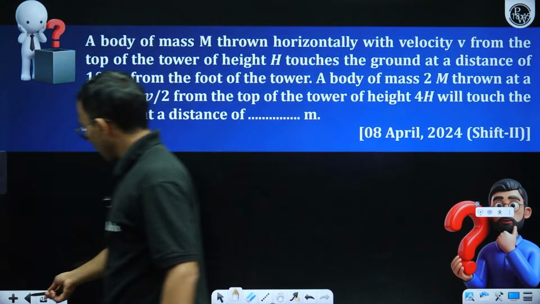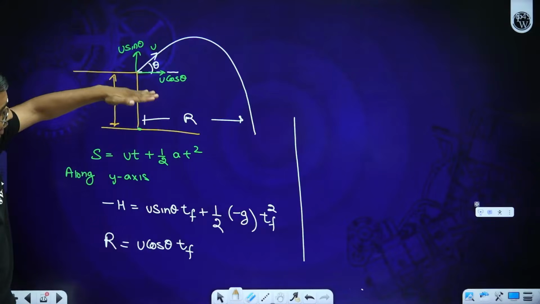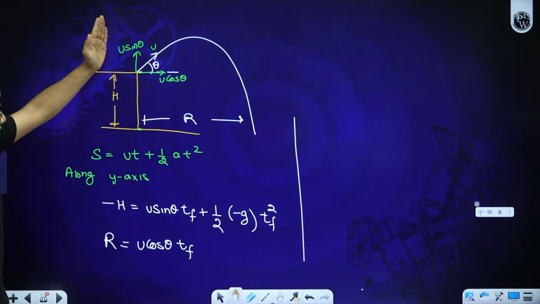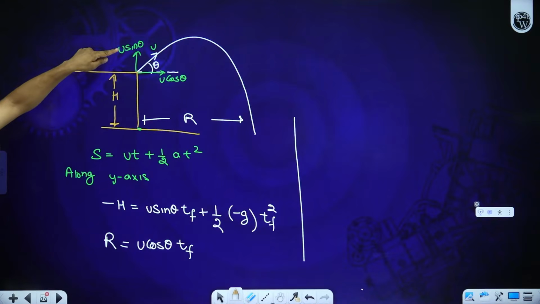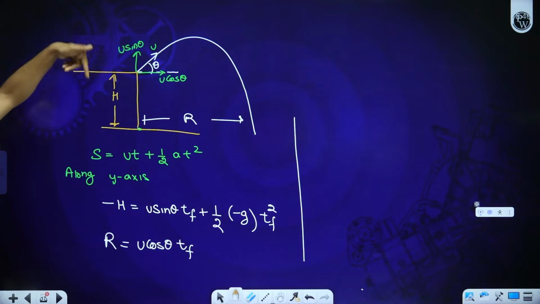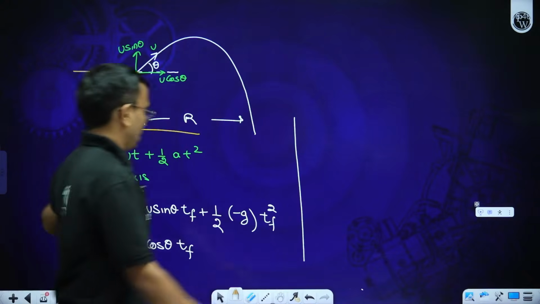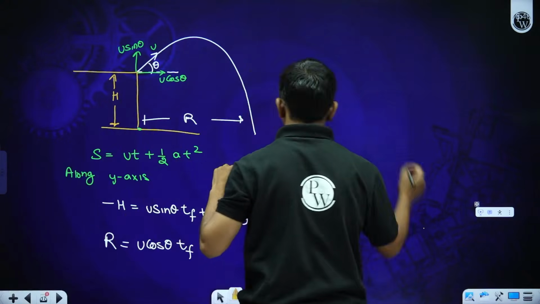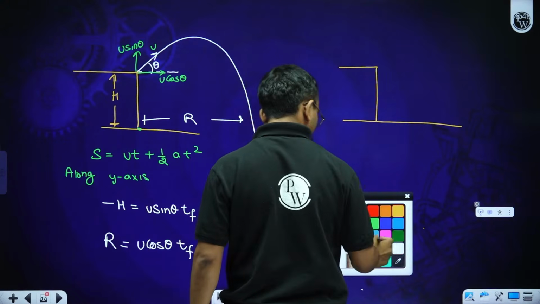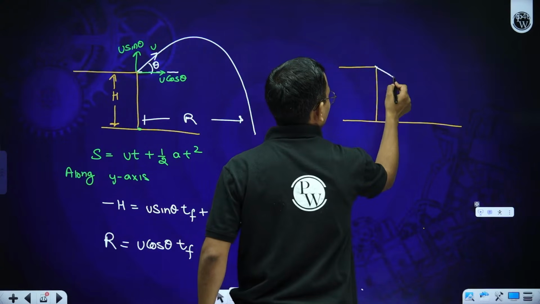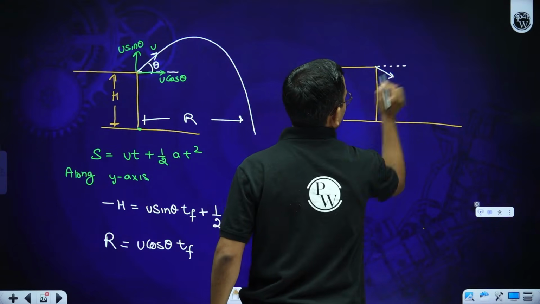Yes, the particle can be projected at a certain angle below the horizontal. Then things will change. Below the horizontal, your initial velocity along the y-axis will become minus u sin theta. I'm talking about this case. The particle is thrown below the horizontal like this.